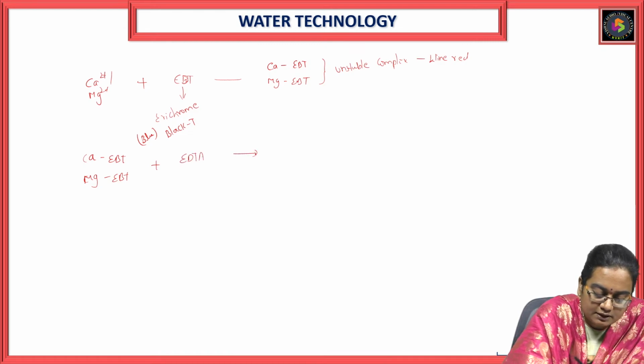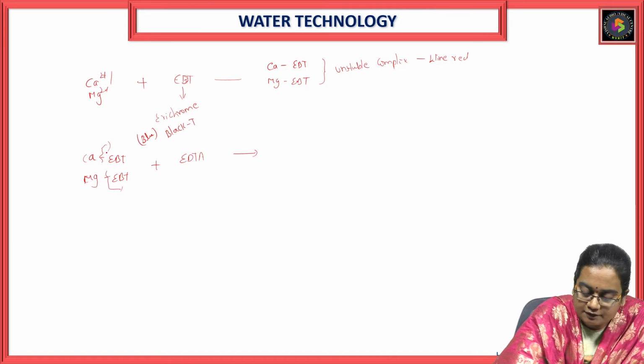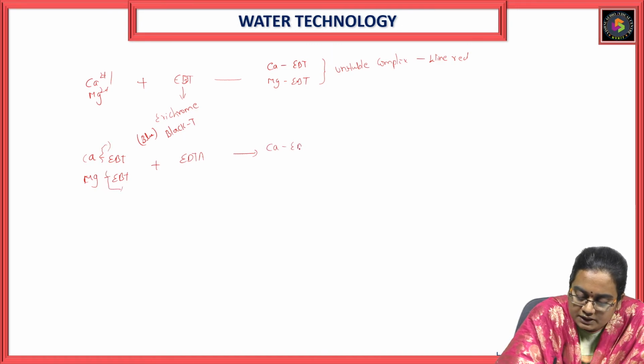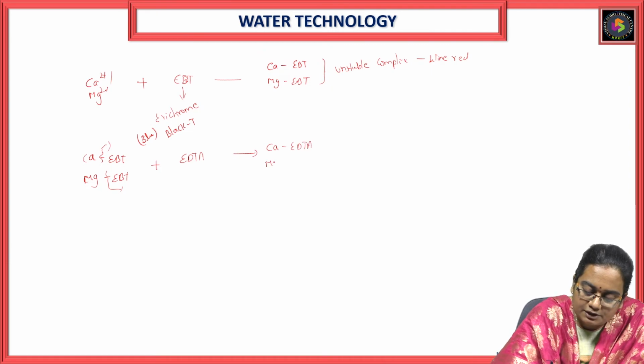Then what is happening here means this EBT is ejecting out and forming calcium EDTA complex and magnesium EDTA complex. So these complexes are forming with the ejection of EBT. This is a stable complex.